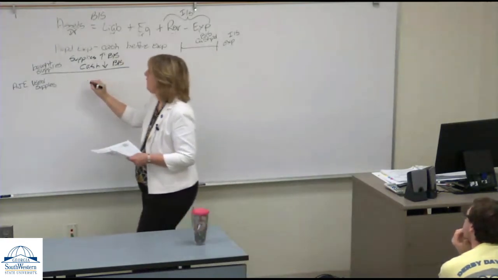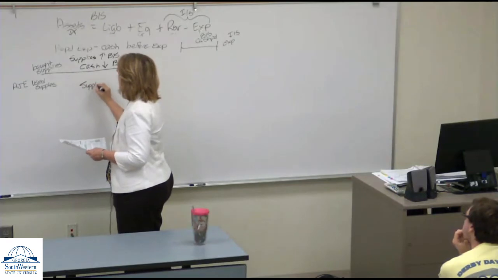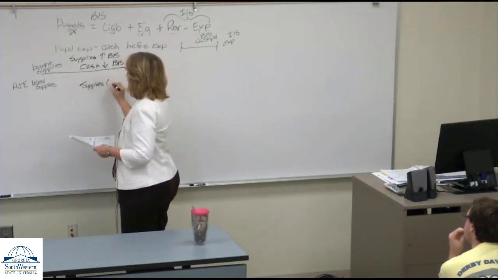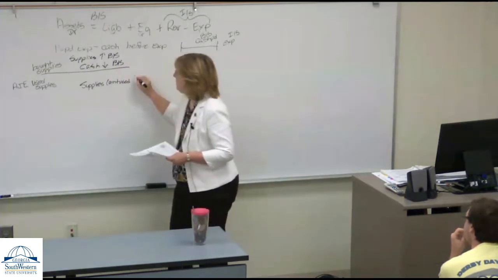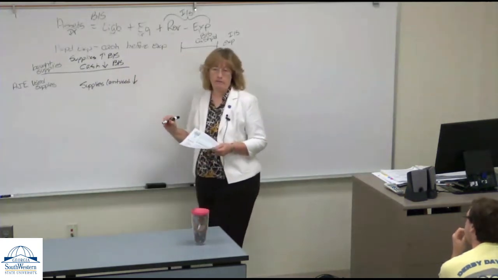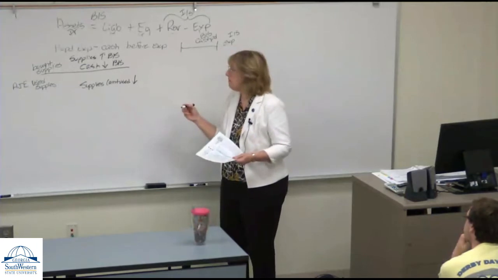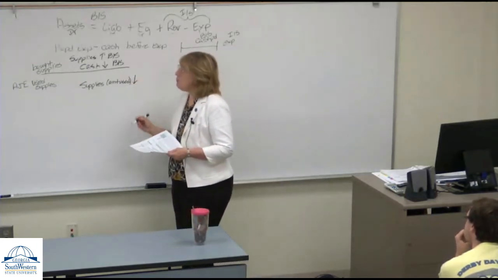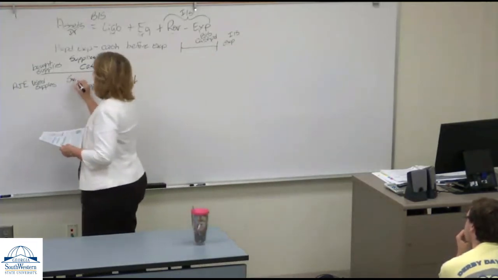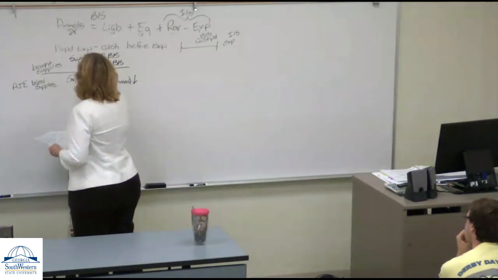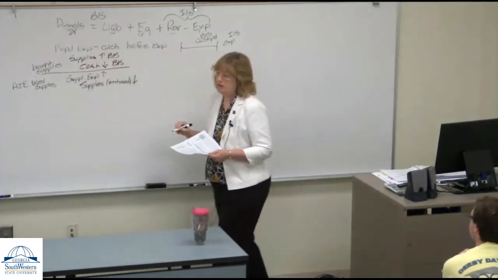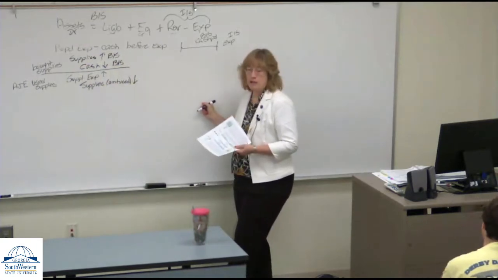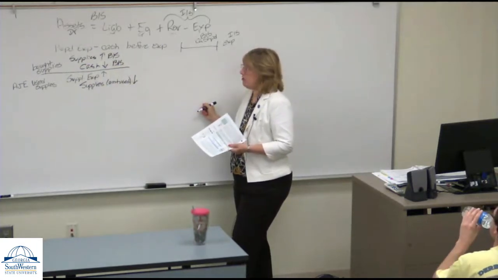So we're going to credit that supplies account for the amount that was used because supplies went down, right, when we used them. Okay, and then what are we going to debit? We're going to debit the supplies expense account because that went up, okay, for whatever amount was used.